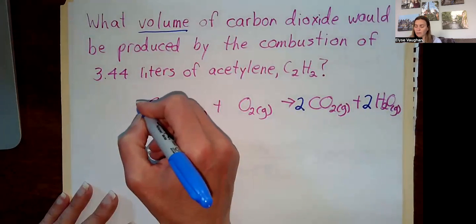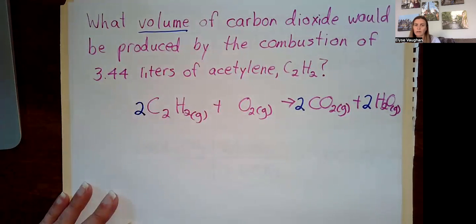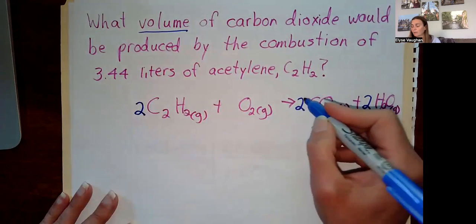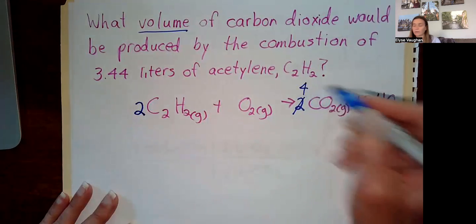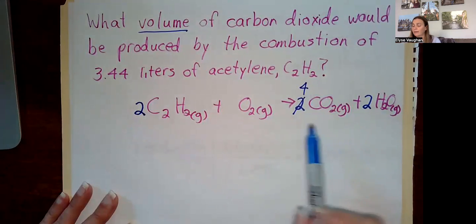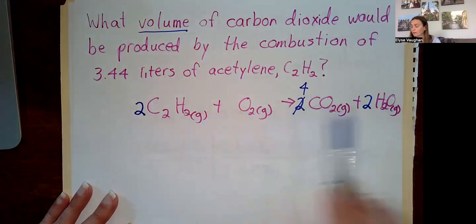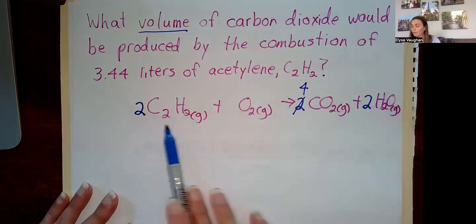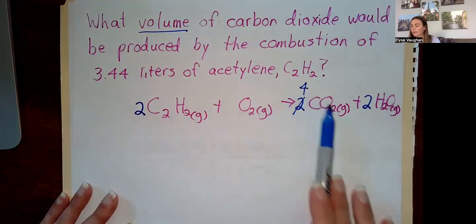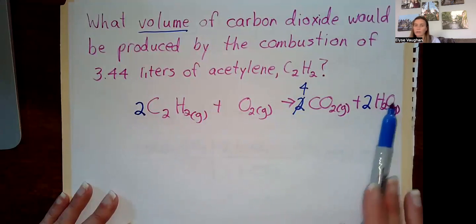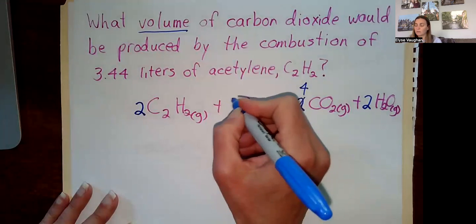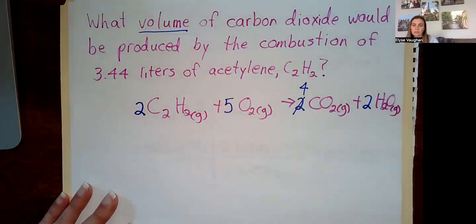So that's going to require me to put a 2 in front of my acetylene, but that now requires me to put a 4 in front of the carbon dioxide. And now we have 4 hydrogens, 4 hydrogens, 4 carbons, 4 carbons, and I have 8 and 2, so I have 10 oxygens. So I'm going to put a 5 in front of the oxygen. So now I have a balanced chemical equation, and I'm going to go start my stoichiometry problem.